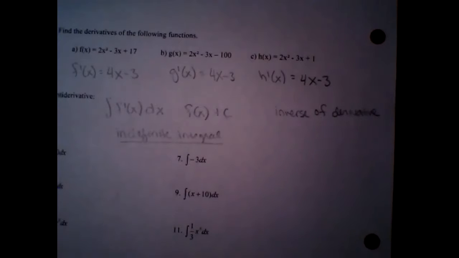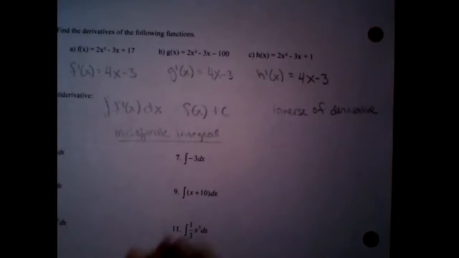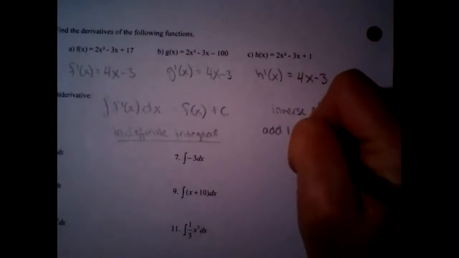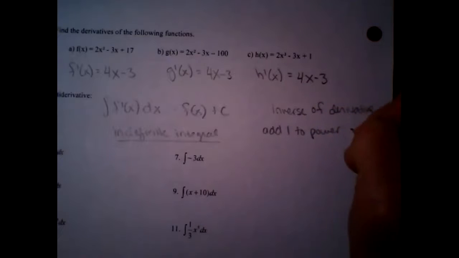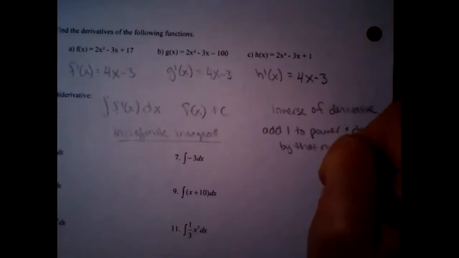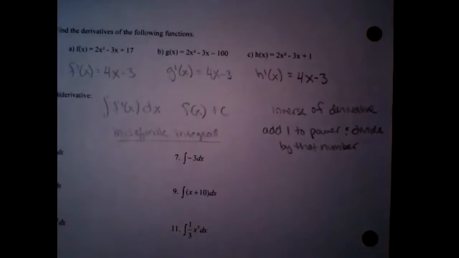Instead, we're going to add 1 to the power and divide by that number. So instead of multiplying and then subtracting 1, you're going to add 1 and then divide. It's those steps in the reverse order.